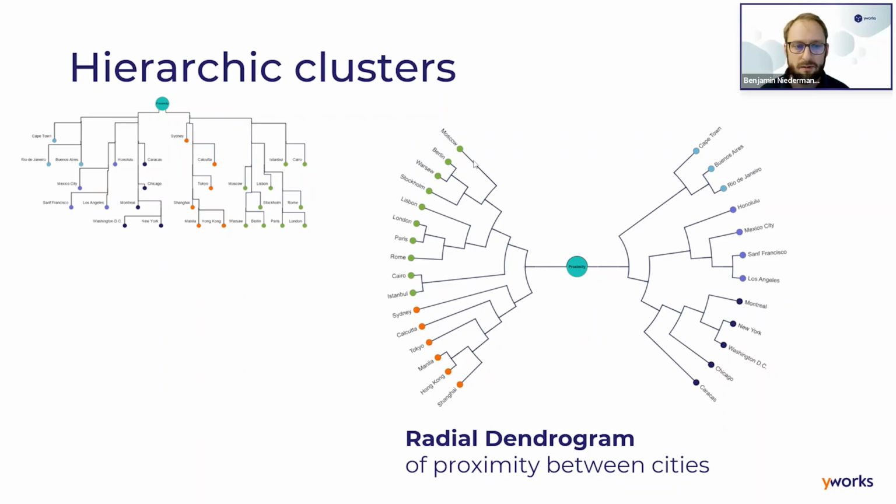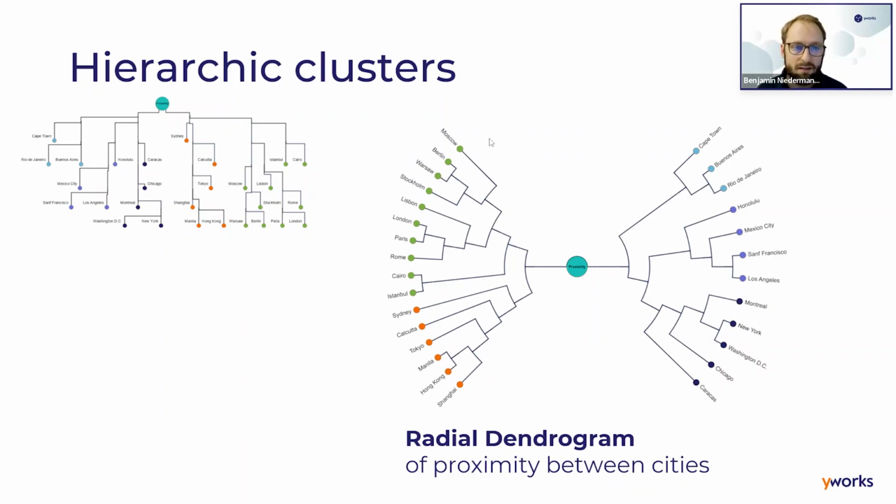And this gives you also a nice diagram showing the distances between these clusters. And what you also get is that in this sequence, nodes or cities that lie closely together in the real world are also placed closely together in this diagram.